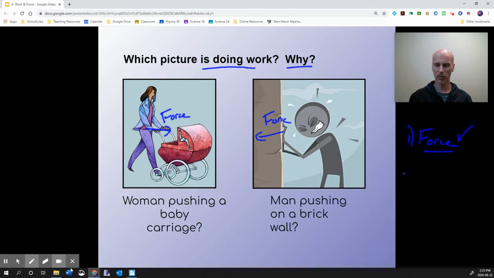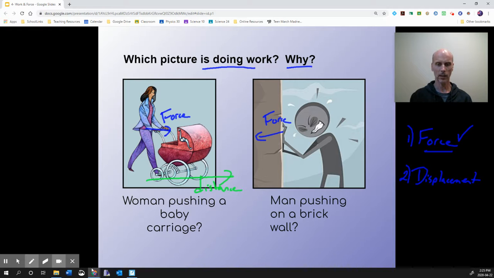The second thing we look for when it comes to work is we need some sort of a distance or a movement of the object in the direction of the force. So if we consider the woman pushing the baby carriage, there is certainly a distance through which the baby carriage moves while the woman is exerting the force.